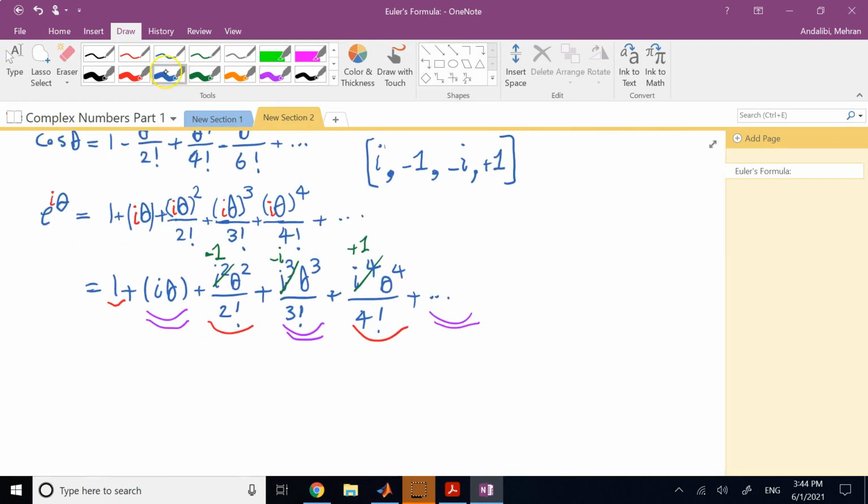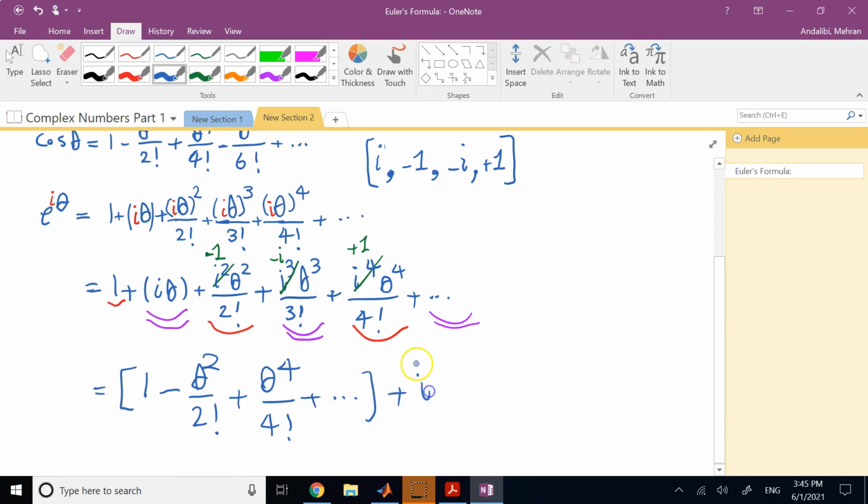Therefore, if I factor out the real and the imaginary part, the real part is going to be 1 minus theta squared over 2 factorial, and then plus theta to the 4 over 4 factorial, and so on, and the imaginary part is going to be theta minus theta cubed over 3 factorial, and keep going.